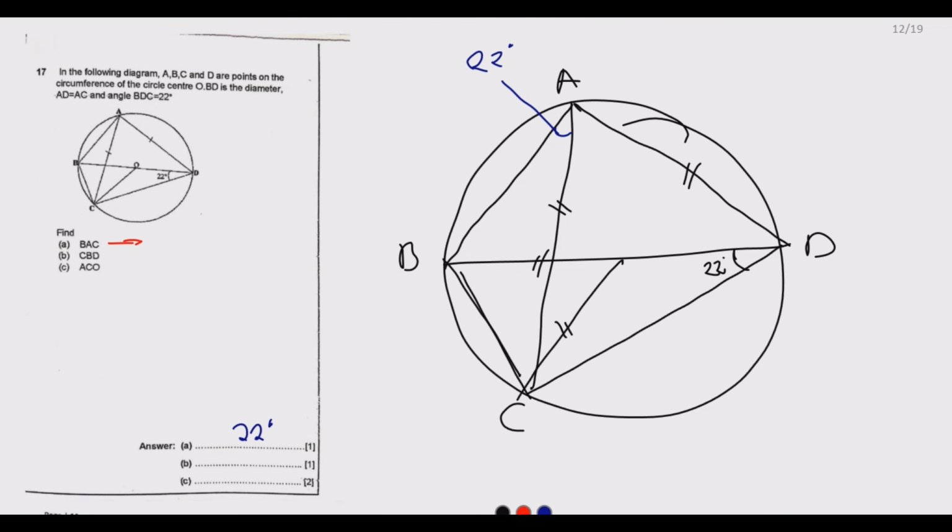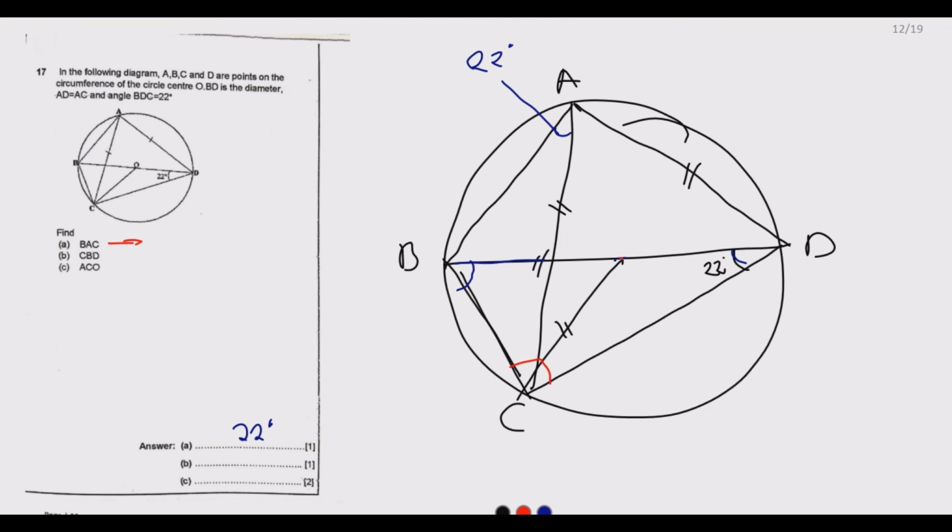So angle CBD. It's basically this angle they're asking us to find. So we know this is 25. And we know that if this passes through the center, so in any triangle that has one of the sides as a diameter, and then it touches the circle, this angle is always 90 degrees.